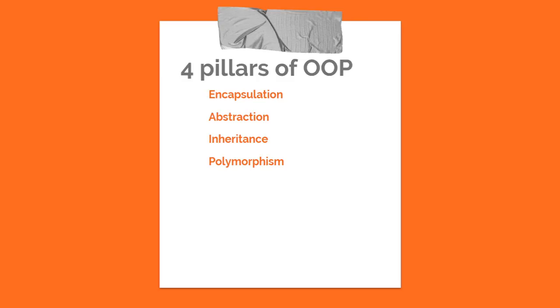What is abstraction? Abstraction is used to reduce the complexity of any functions or methods. You can take an example of a car. So what can a car contain?